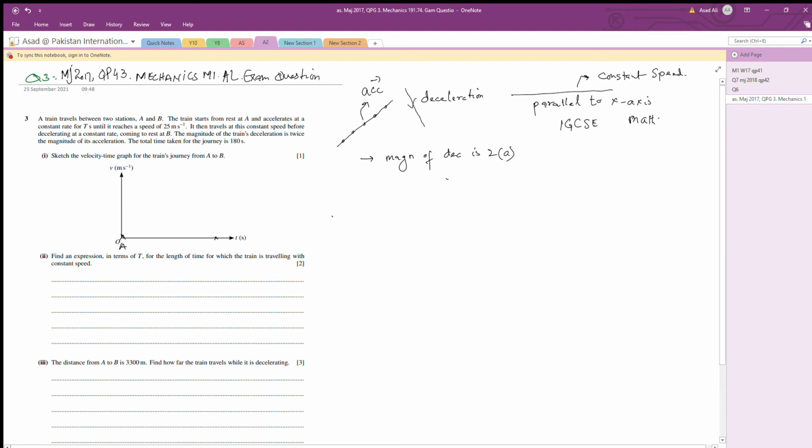Now I want to make it clear what happens if the magnitude of the acceleration is twice the other one, or the magnitude of the deceleration is twice the acceleration. I am giving a small example to show what happens with the diagram. See, 1, 2, 3, 4. Starting from here and ending here, what is the acceleration?